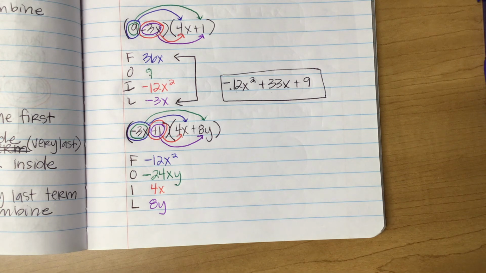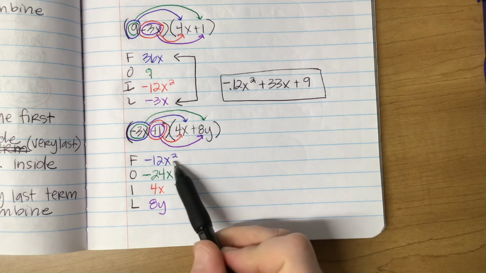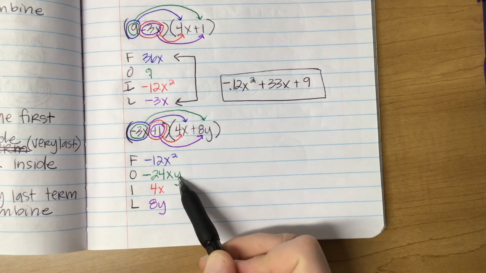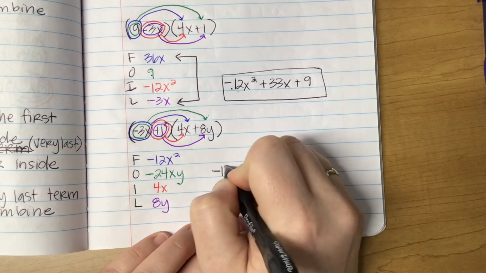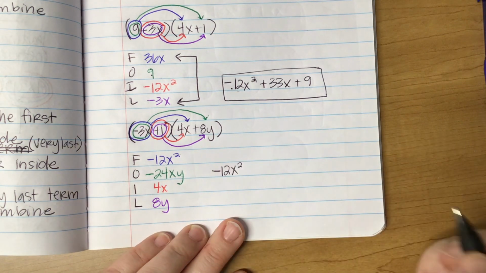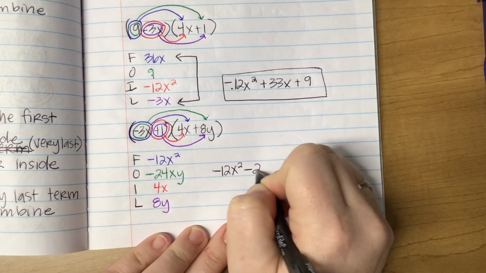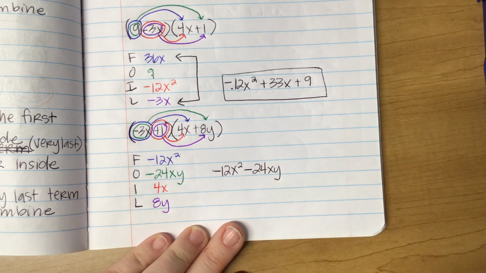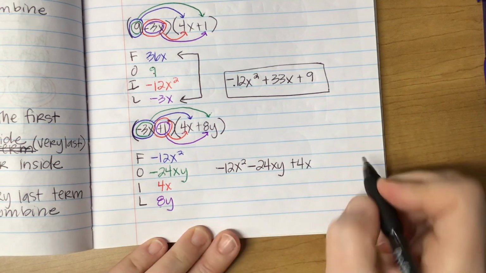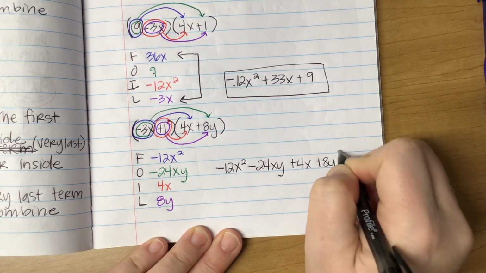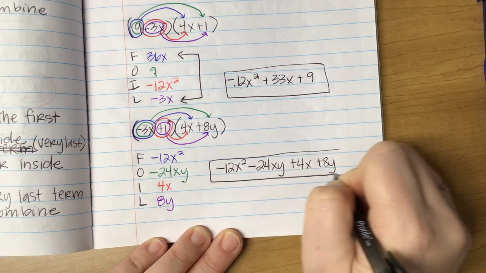I'm starting with largest degree. This is a degree of 2. This one's a degree of 2. 1 and 1 is 2. However, x squared is alphabetical. So negative 12x squared minus 24xy plus 4x plus 8y. So I did not end up with a trinomial this time.